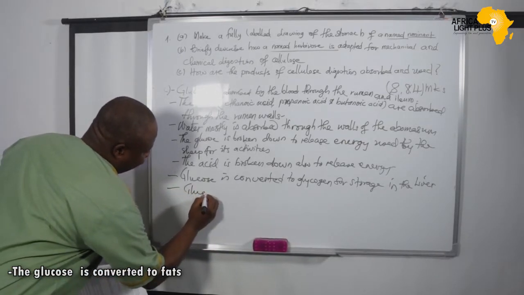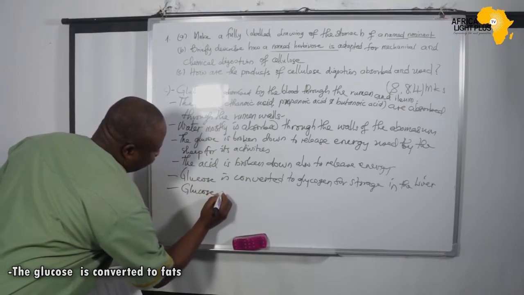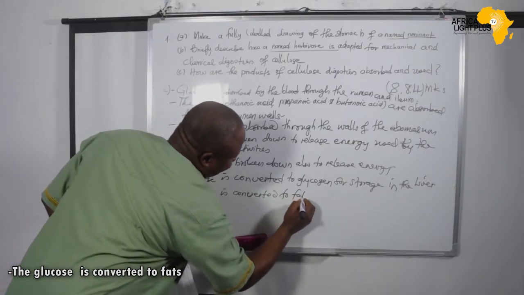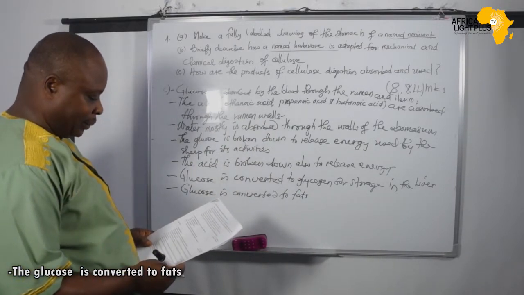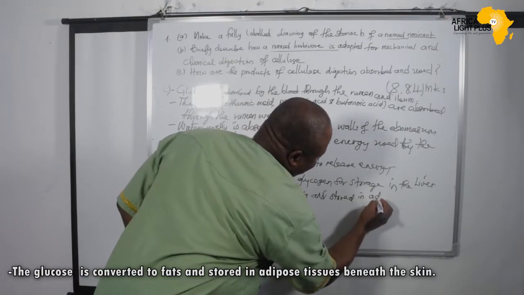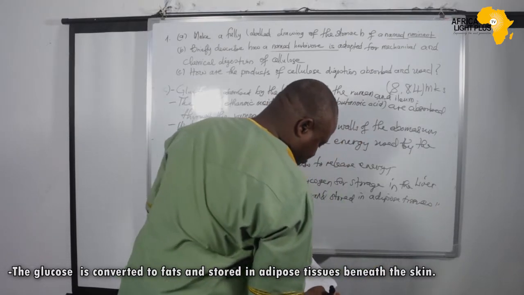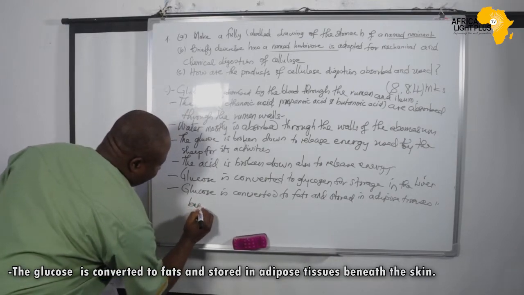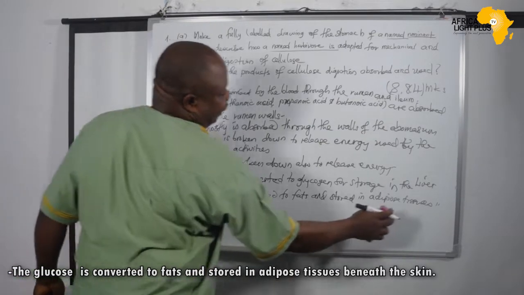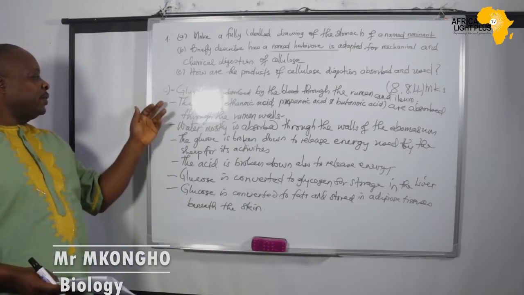The glucose again is converted to fats and stored in adipose tissues beneath the skin. 1, 2, 3, 4, 5, 6, 7.